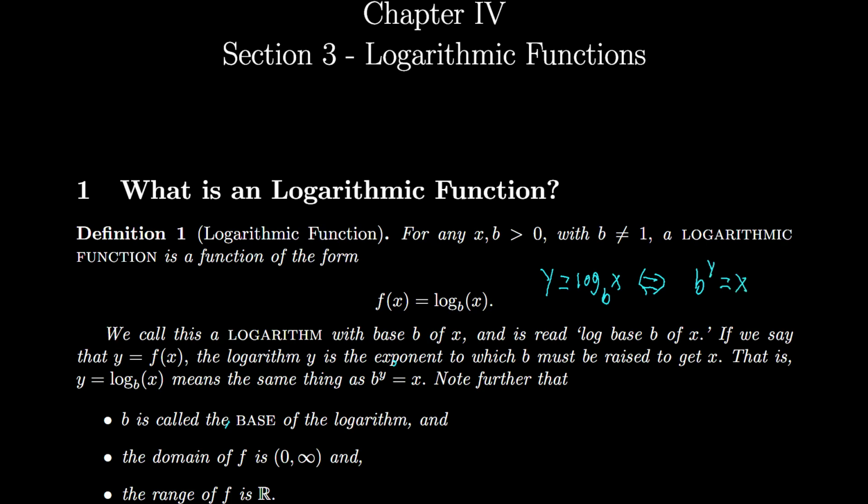And you'll see it a lot explained using this sort of arrow thing, but it says that you can say that b to the y equals x. You see that a lot.